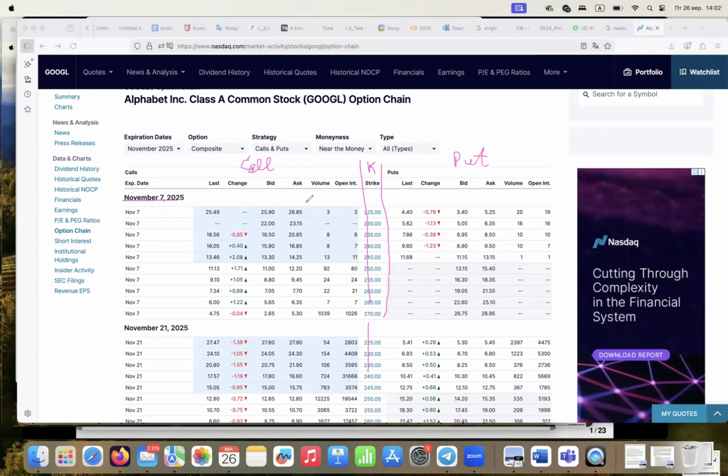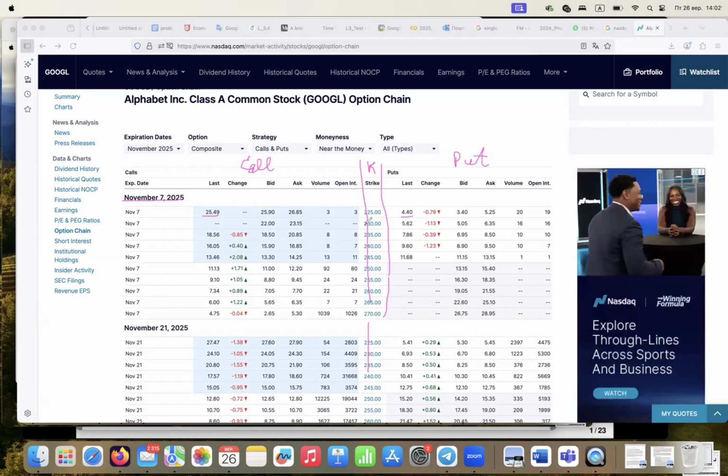So we need to distinguish what is the strike price, what is the premium price, premium price for call and for put, and what is the market price. And market price is like the price for today.